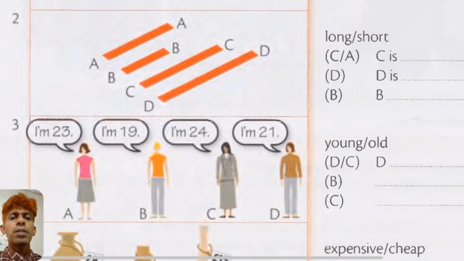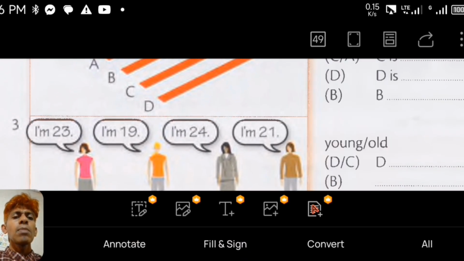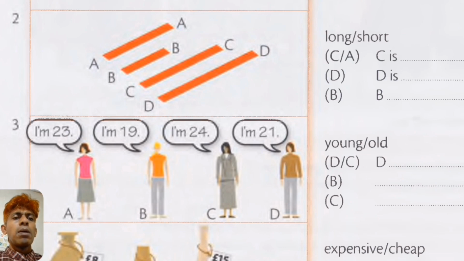Now we come to the second. Long, short. 2 words. Longer, shorter. Okay. Comparative forms. Longer, shorter. Superlatives.